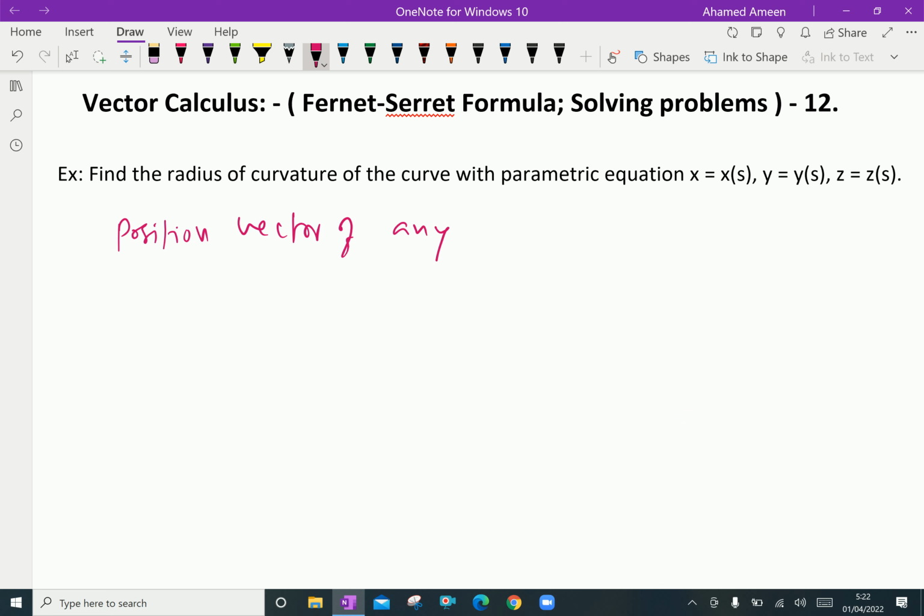In vector calculus regarding Fernet-Serret formula, let us do some solving problem. Example: find the radius of curvature of the curve with parametric equation x equal to x of s, y equal to y of s, z equal to z of s.